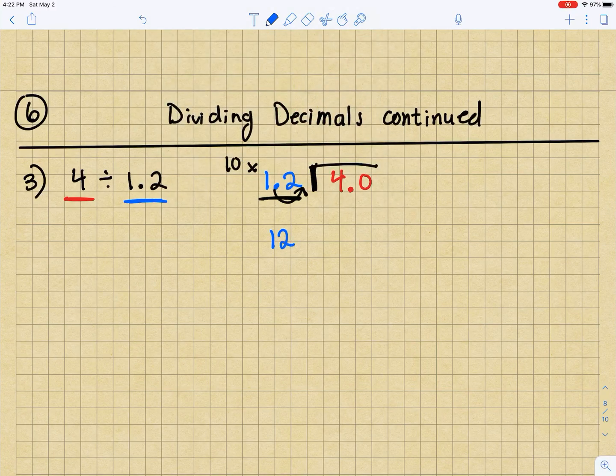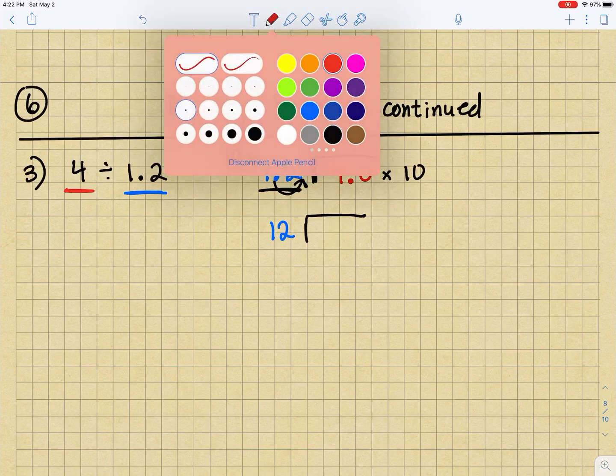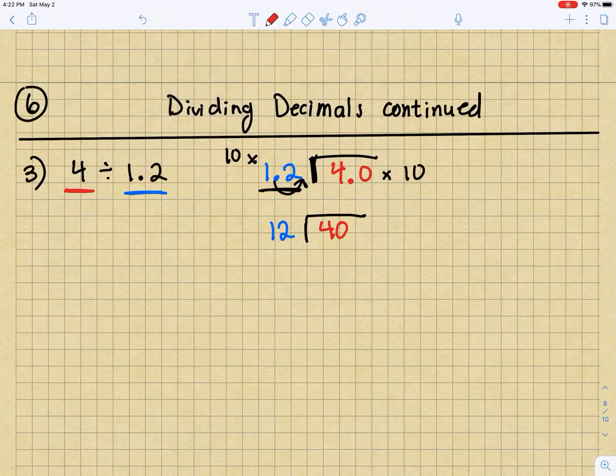That's my whole number. And then I do the same thing to my dividend. So 4.0, or 4 and 0 tenths times 10, just gives me 40. Oops, let me stick to the same colors here. There we go.